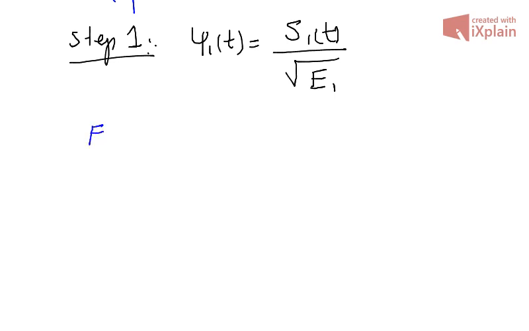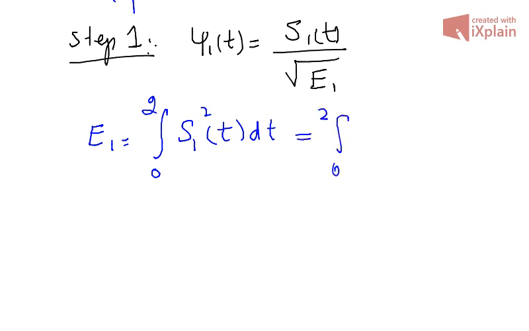We try to find out the energy of our signal, and the energy of our signal is this integral. It exists from 0 up to 2, right? So if I integrate it from 0 to 2, it is 1, right?